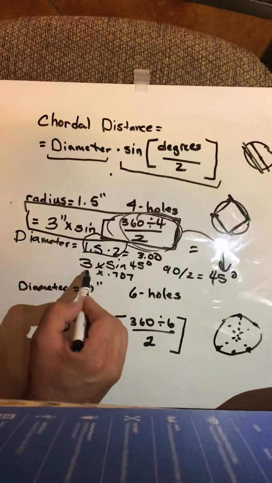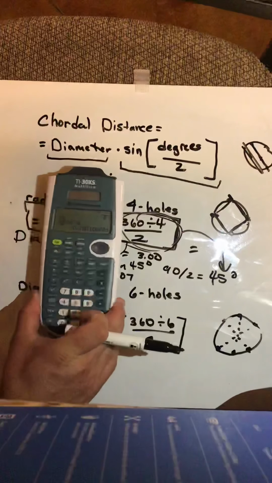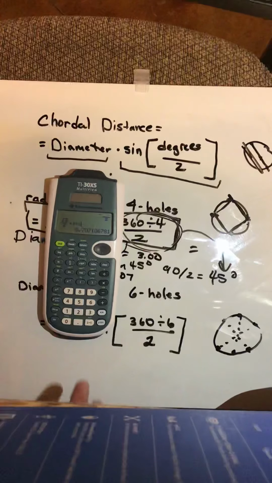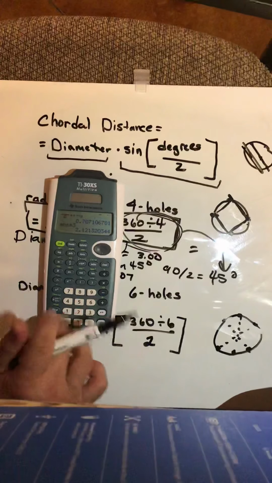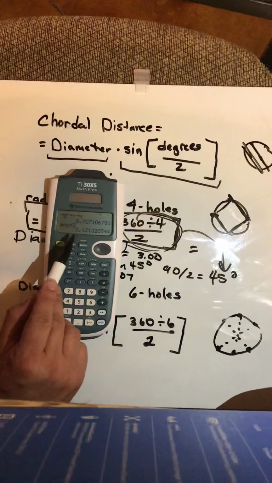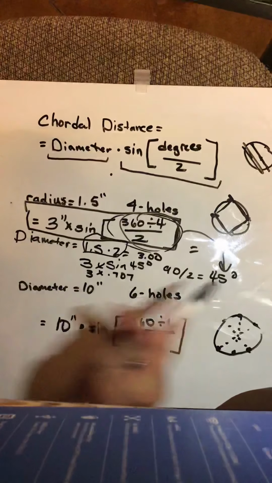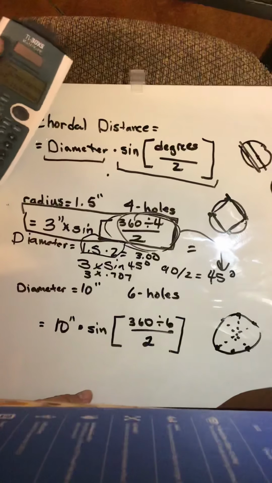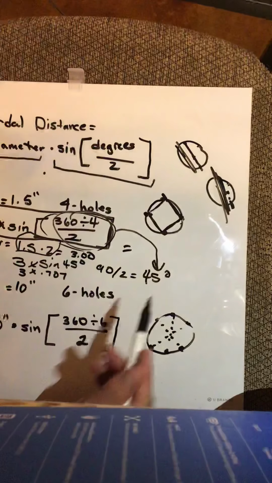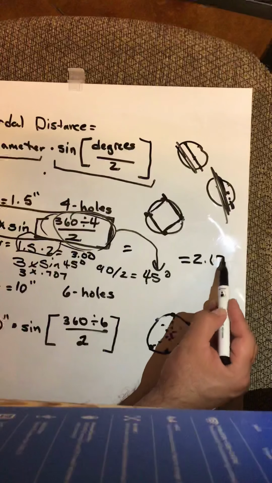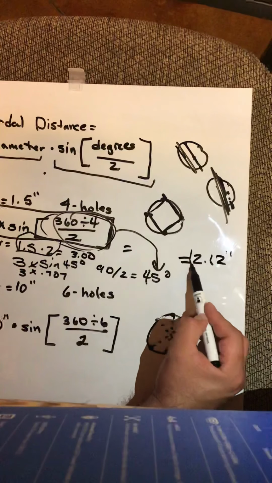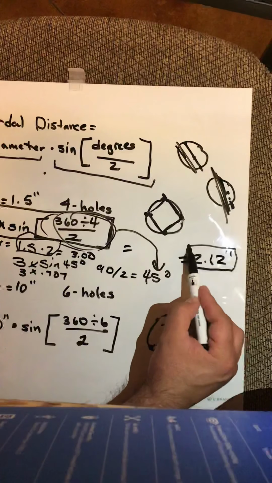I'm going to multiply that by 3, so take that number times the diameter. That gives me a chord length of 2.12. So the whole chord length for this problem is going to equal 2.12 inches, not exactly, but close to it.